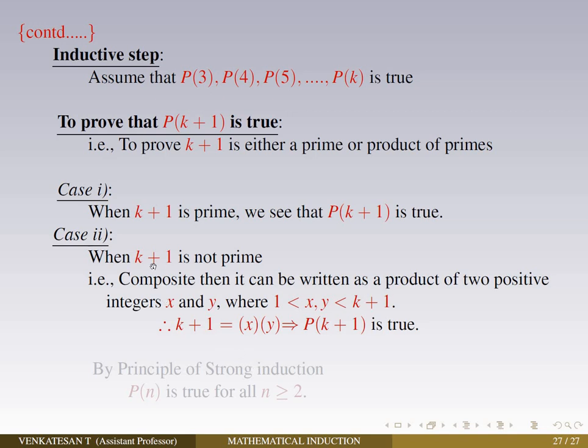Accordingly, since I considered k plus 1 is not prime, that is a composite number, it can be written as product of two integers, x comma y, where x comma y lie between 1 and k plus 1, which means that k plus 1 will be rewritten as x into y. Hence, P of k plus 1 is true. Therefore, by principle of strong induction, P of n is true for all n greater than or equal to 2.